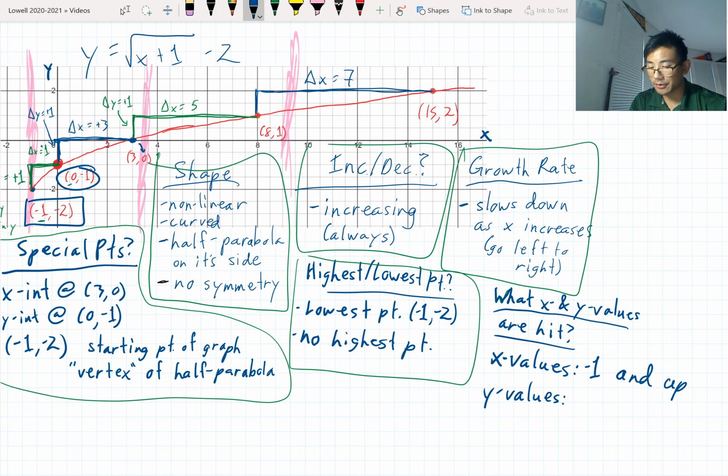And so the y values, again, referencing this point, no matter how high you go, you will eventually get there. Those y values are from -2 and up.